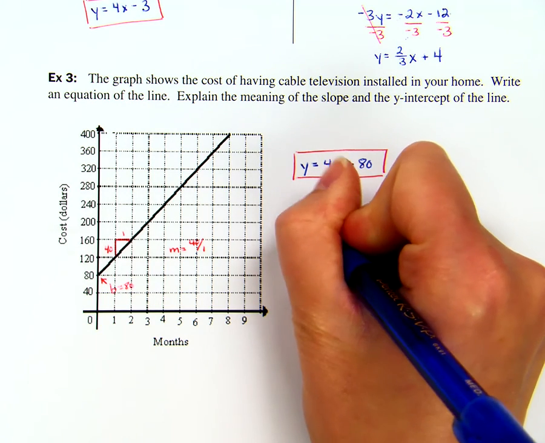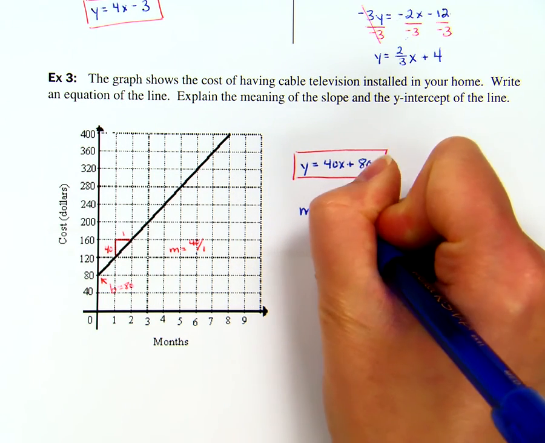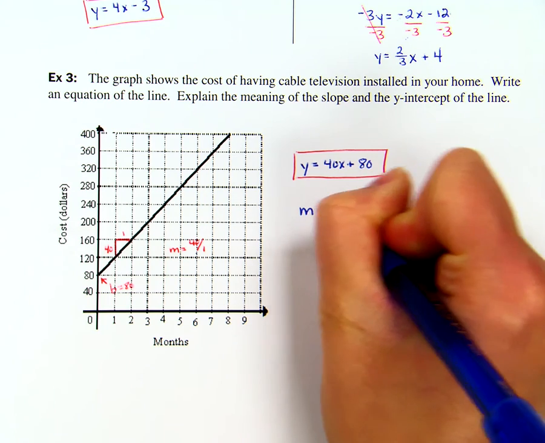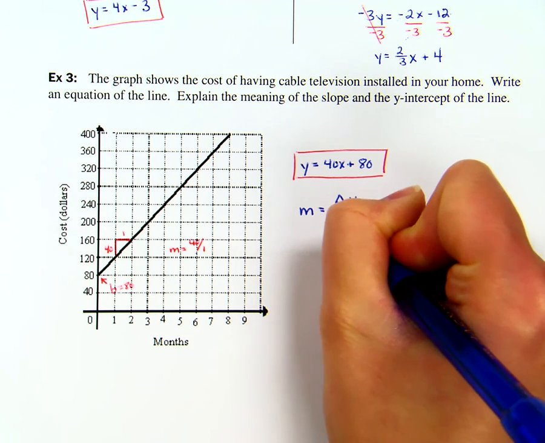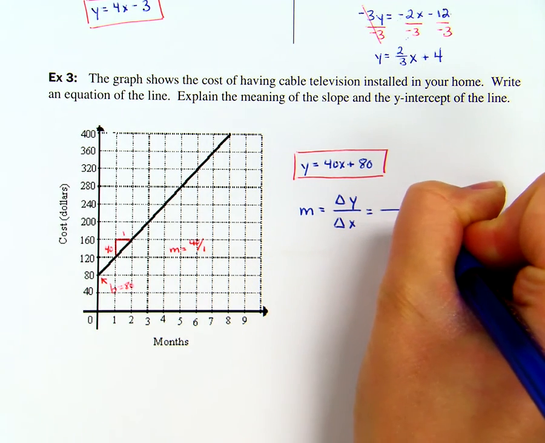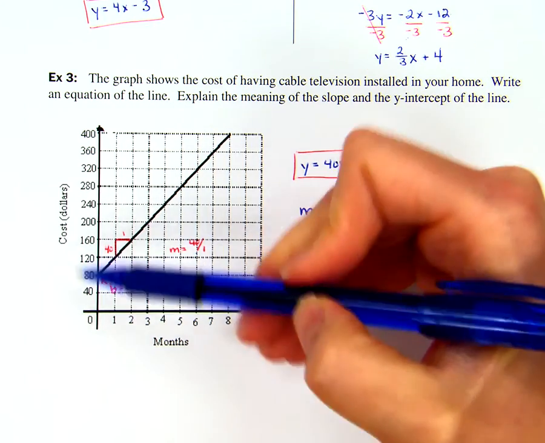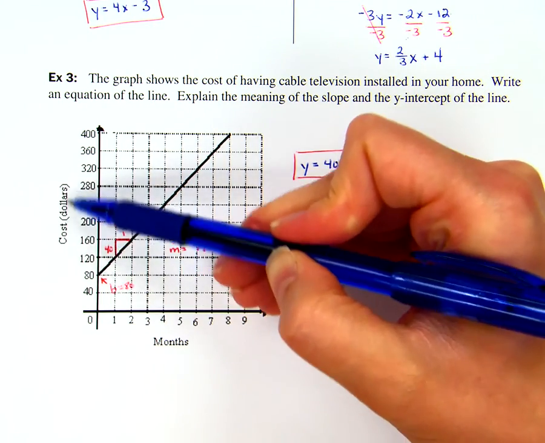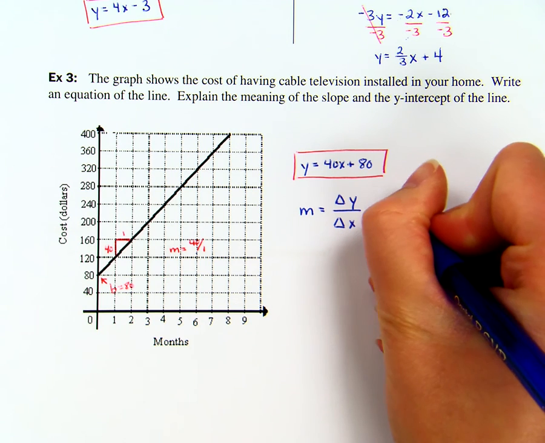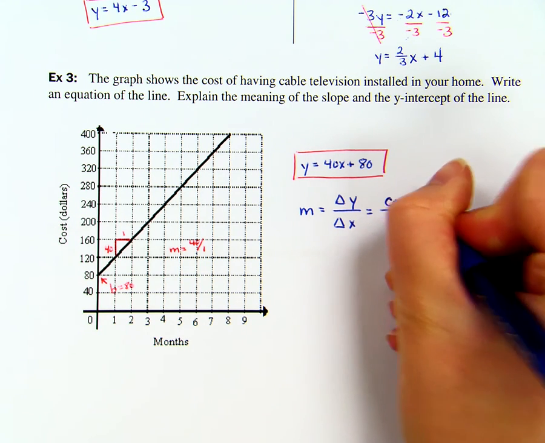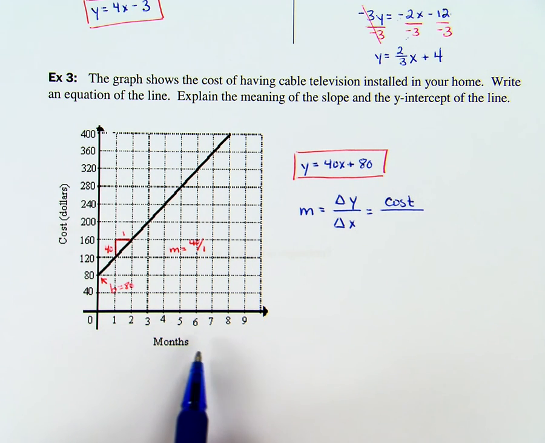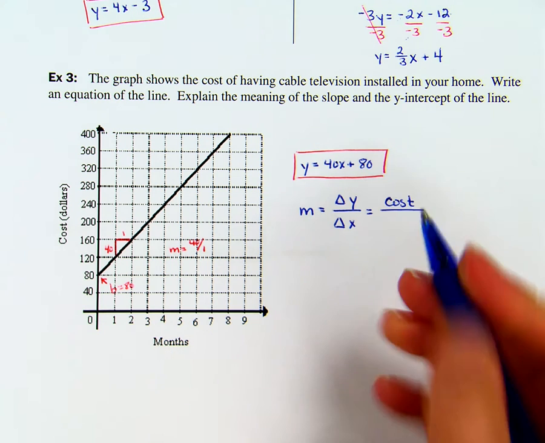We want to know, what is the slope actually telling us, and what is the y-intercept actually telling us? Well, recall from last section that our slope is the change in the y values over the change in the x values. If we look at our graph, the y values are labeled as cost. The x values are labeled as months.